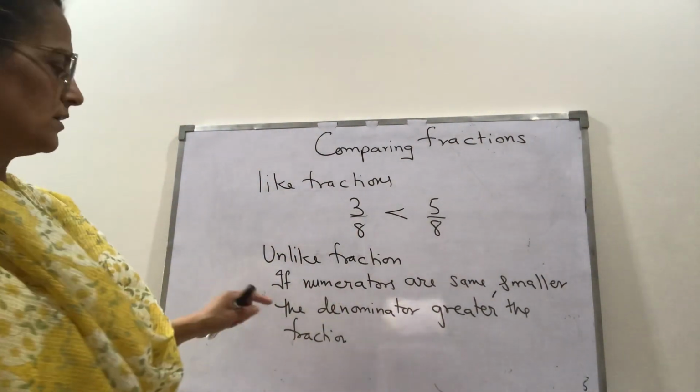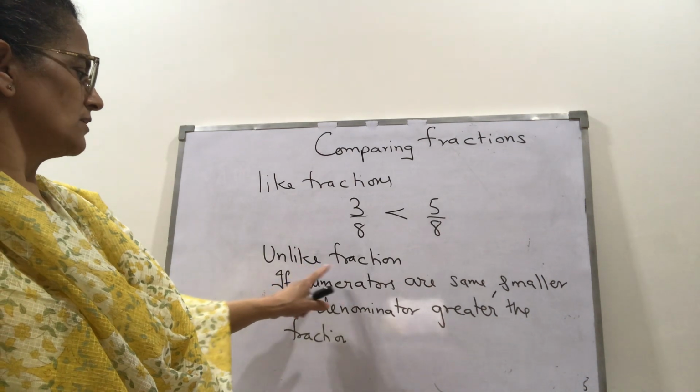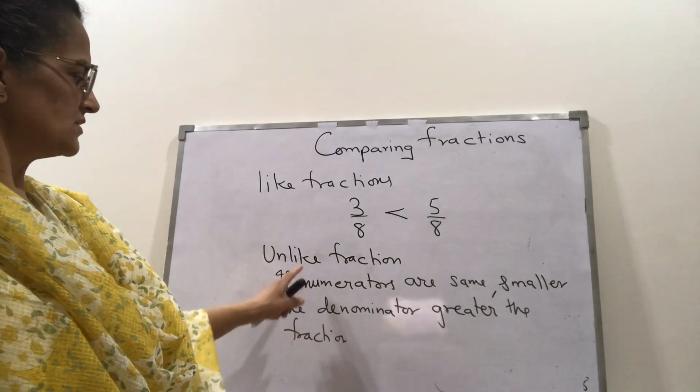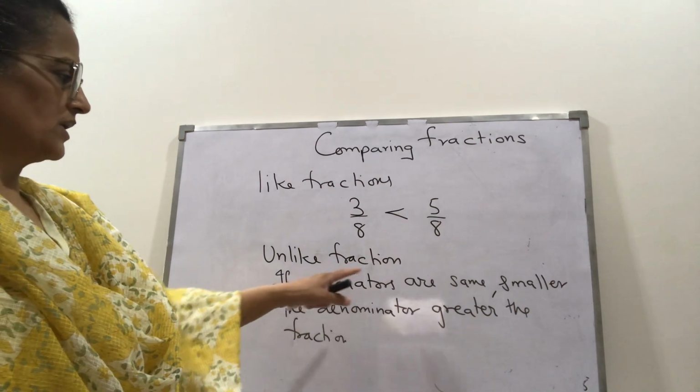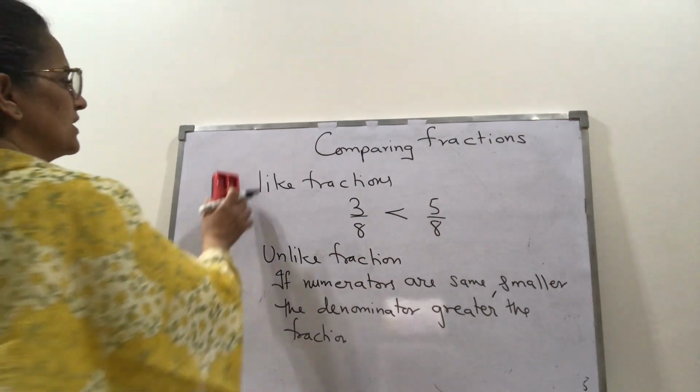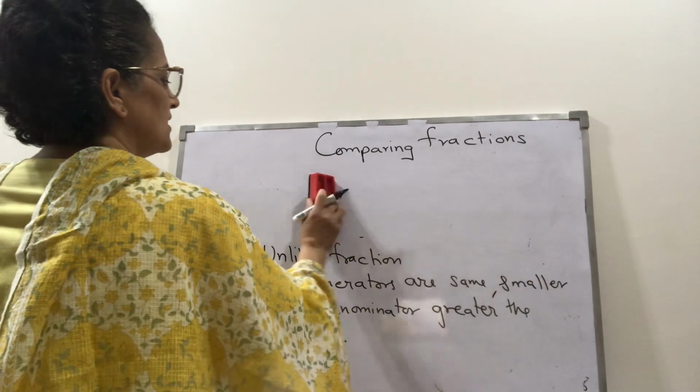So when we talk about unlike fractions, our denominators are different. But if numerators are same, how can we compare?